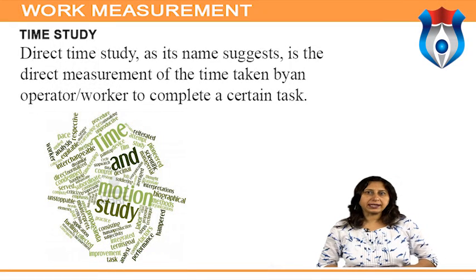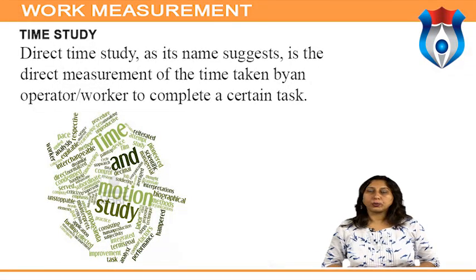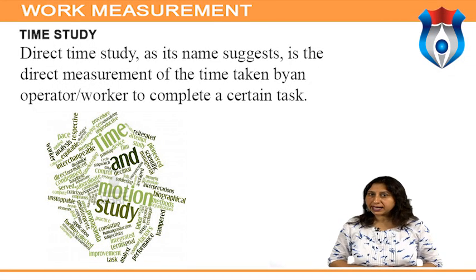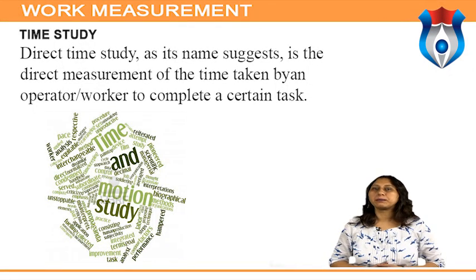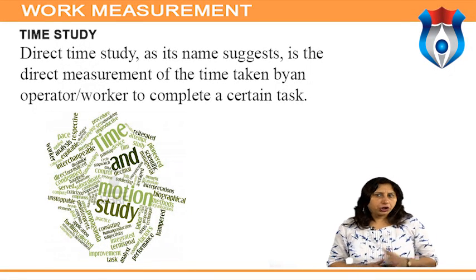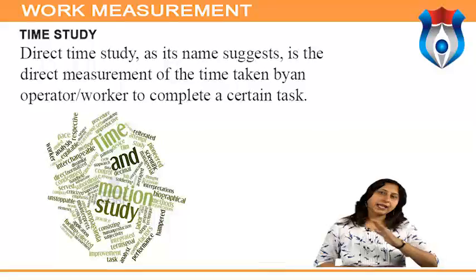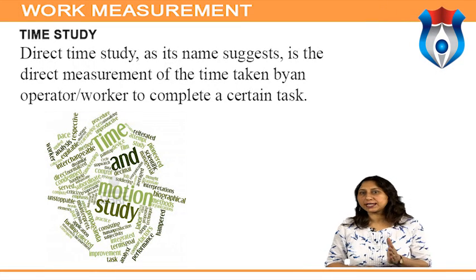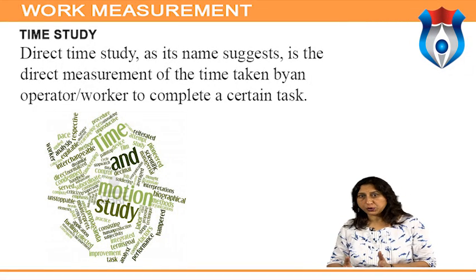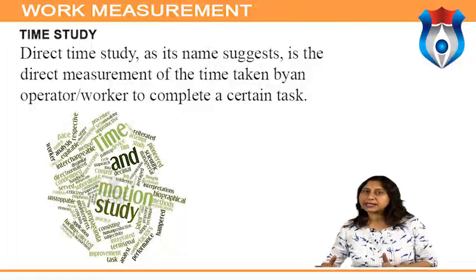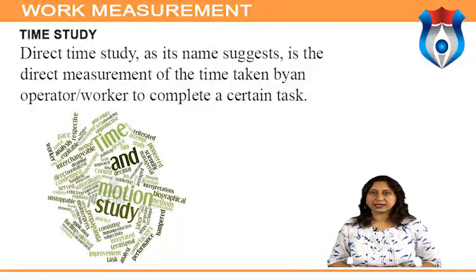A rating is then given by the evaluator, which is used to calculate the normal time that is required for completion of the task. Normal time is defined as the time required to accomplish a certain task by an average worker working at a normal pace but without any allowances.